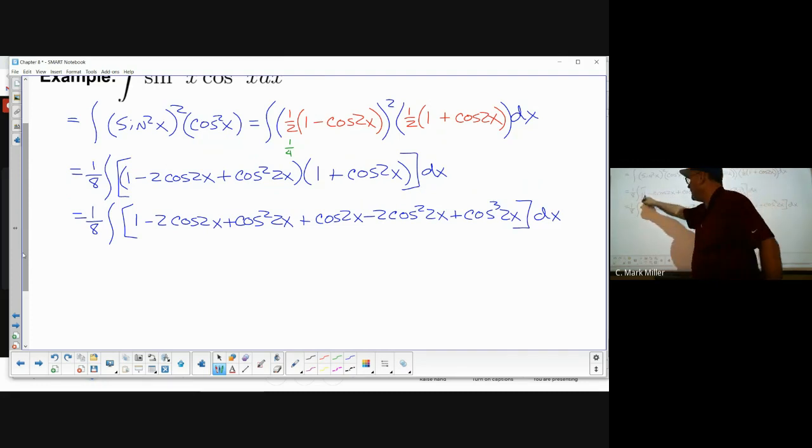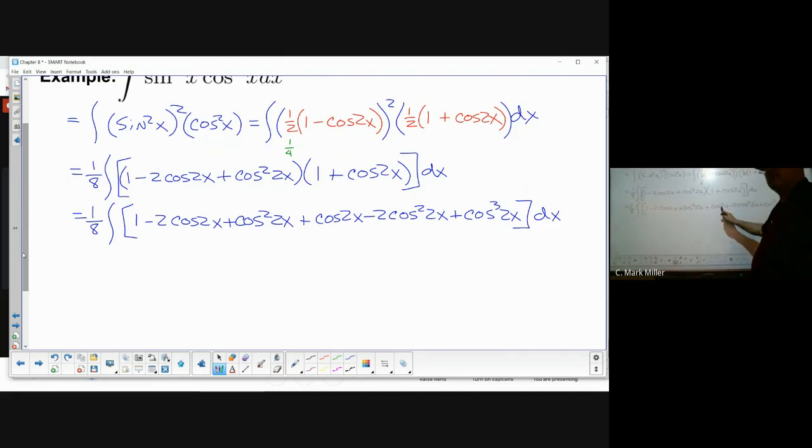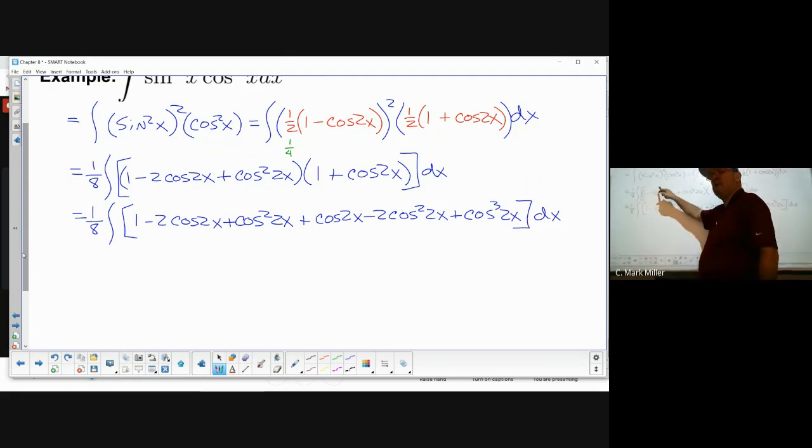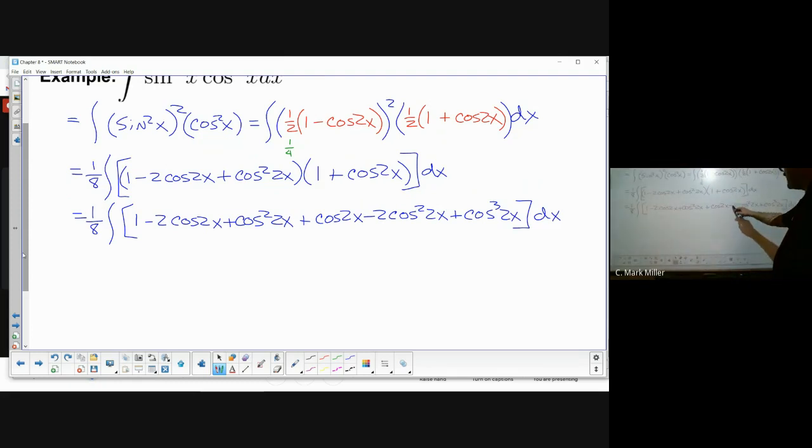Cosine 2x times 1 gave me this term. Cosine 2x times minus 2 cosine 2x gives me minus 2 cosine squared 2x. Then cosine 2x times cosine squared 2x is cosine cubed 2x.